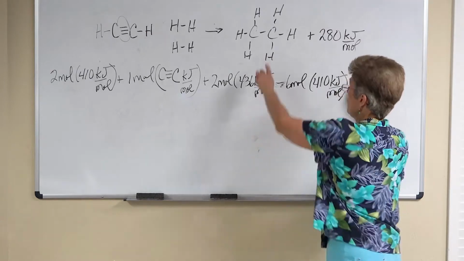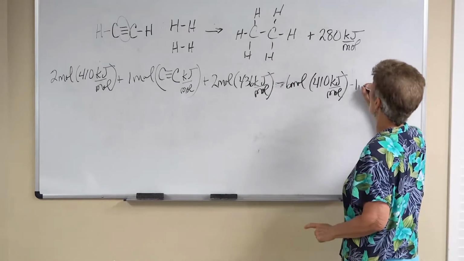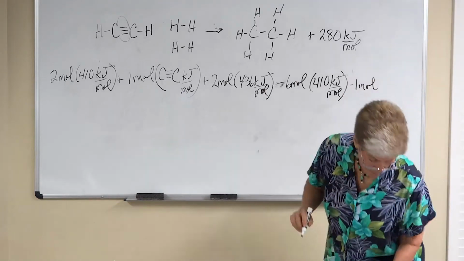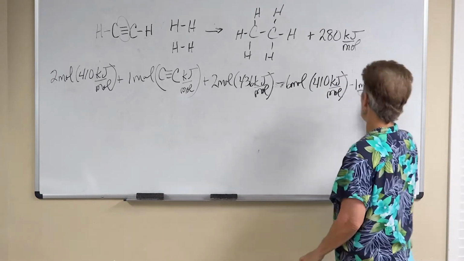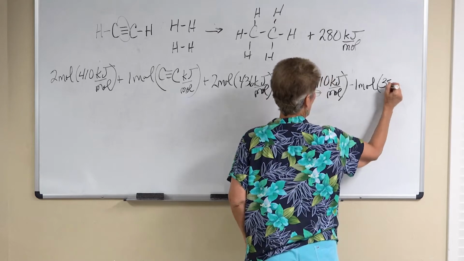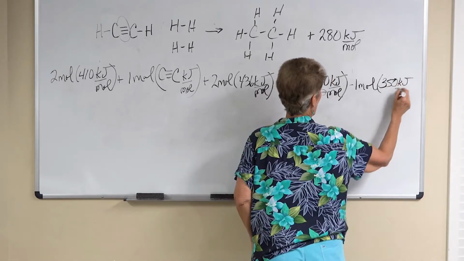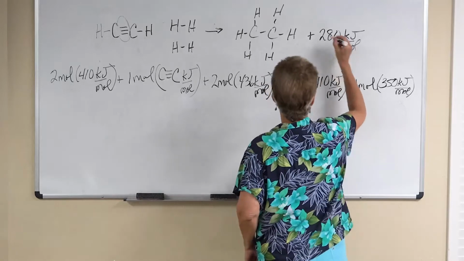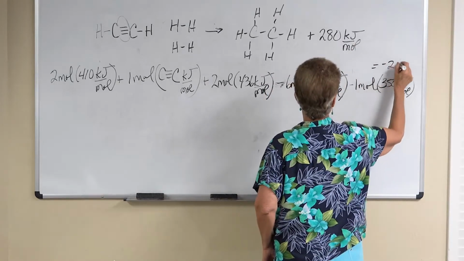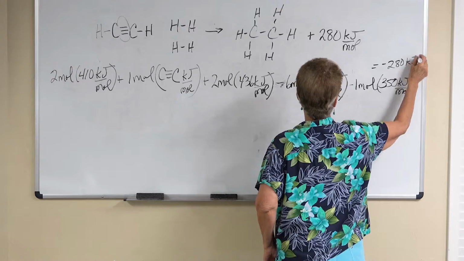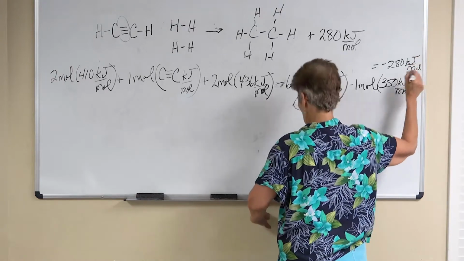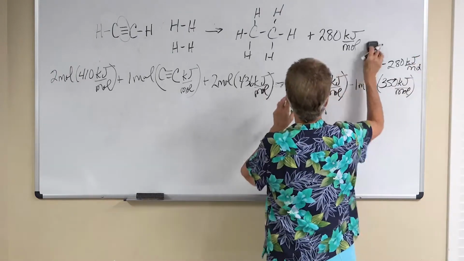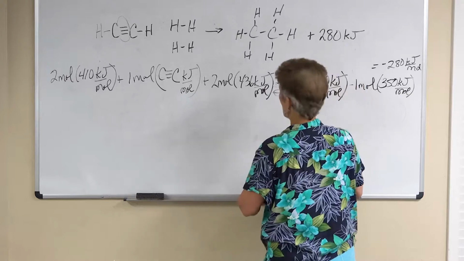And then we have 1 of these minus 1 mole of the C to C, which is 350. And this whole thing equals a negative 280 kilojoules per mole is what we're told. And so actually when we write it in here, we just write it that way.